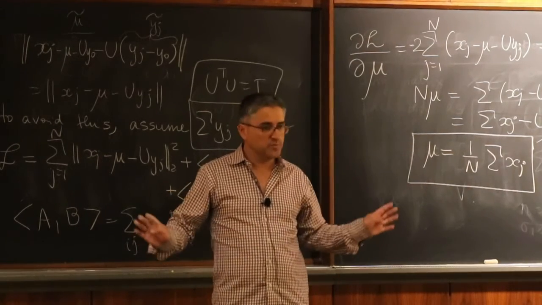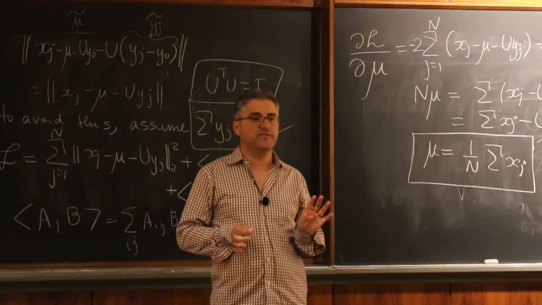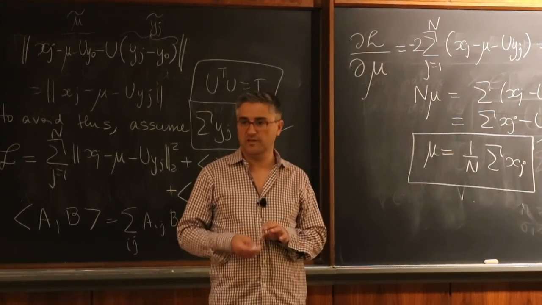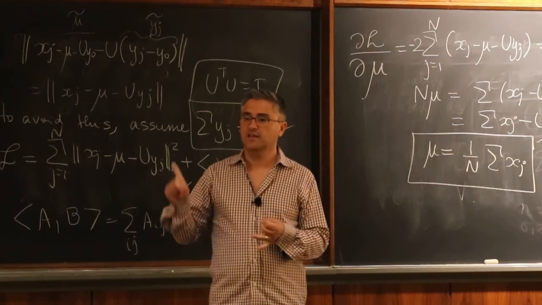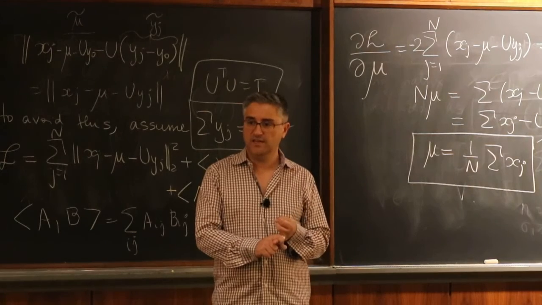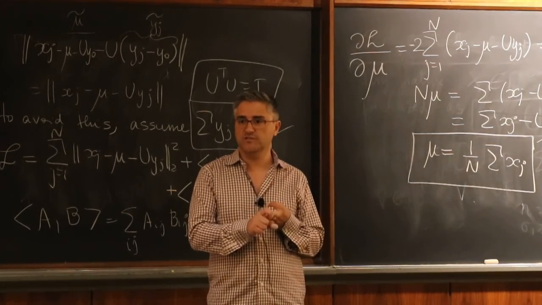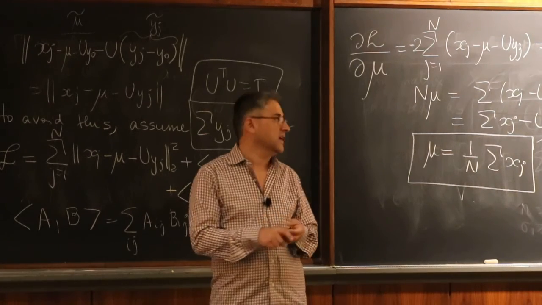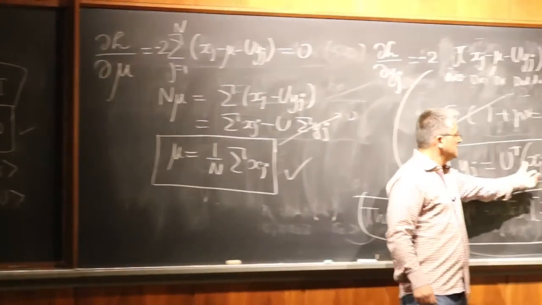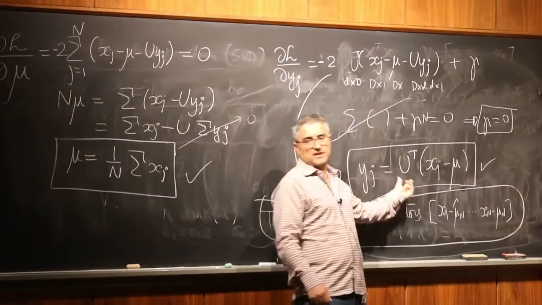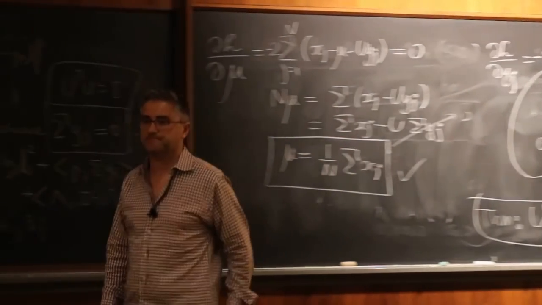And as it turns out, both are equivalent. The algorithm for finding these components is super trivial. First, you compute the average of the data points. Second, you center the data. Third, you compute the singular value decomposition of the centered data. And once you've done that, the principal components are obtained by taking the centered data and projecting it onto the subspace. And that's the gist of it.